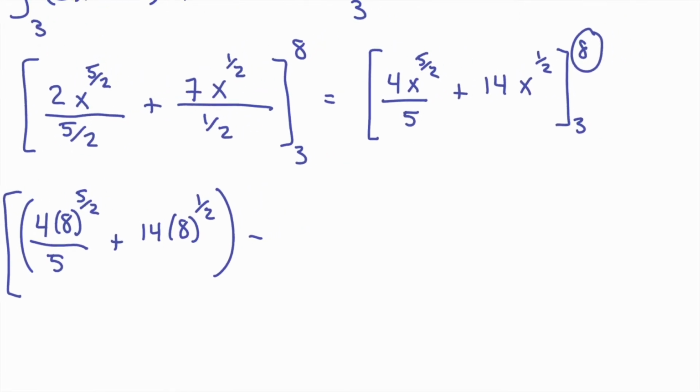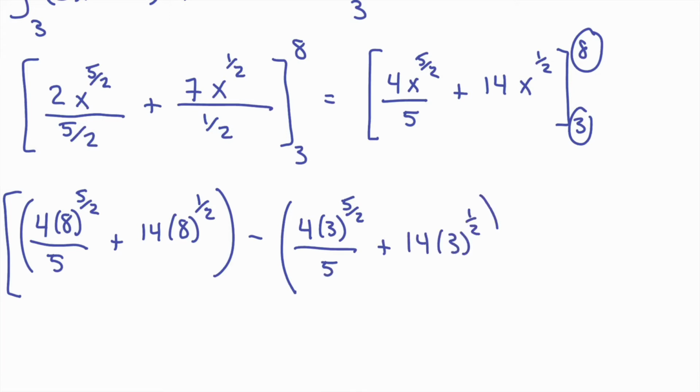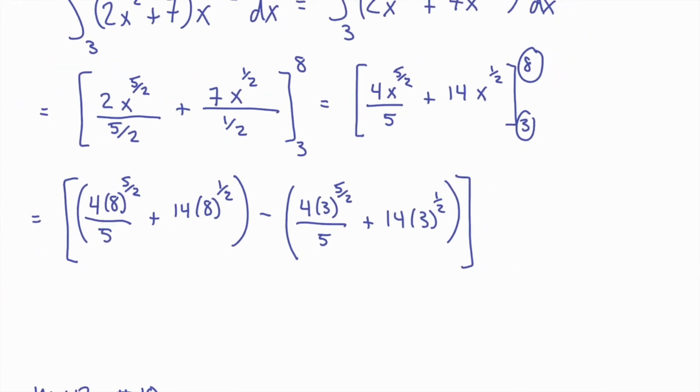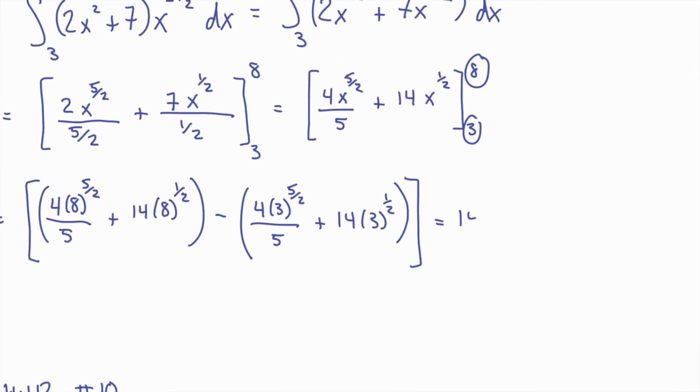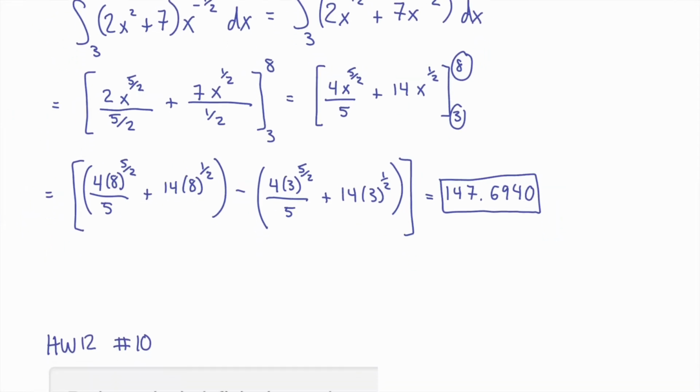And then I want to subtract the value of our expression when our lower bound 3 is plugged in. Okay, so from here, I used a calculator to solve this. But remember, on the exam, you'll have nice, easy numbers to work with that won't require a calculator. So anything that we give you to evaluate, you can do it without a calculator.